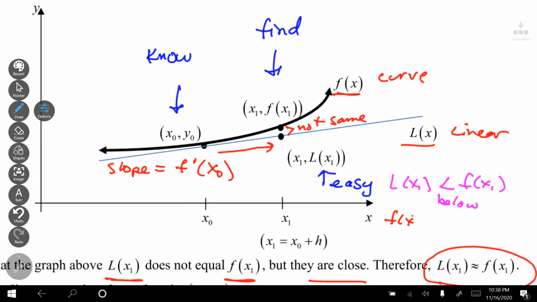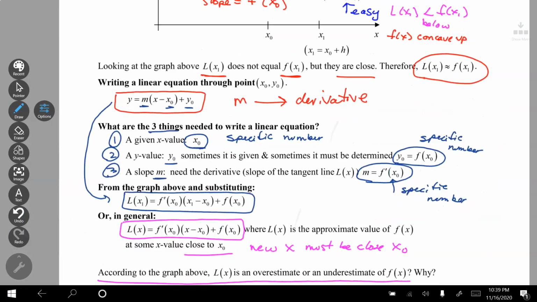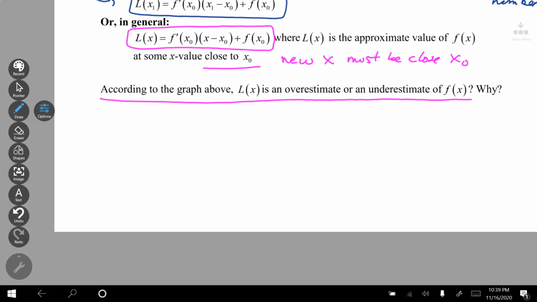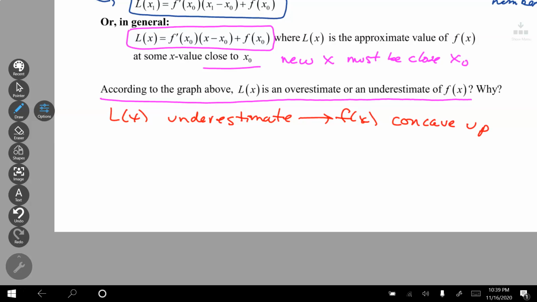Because the function is concave up. Whenever you have a concave up graph, the linearization will always be below it. So go back to our notes. It is an underestimate because the function is concave up.